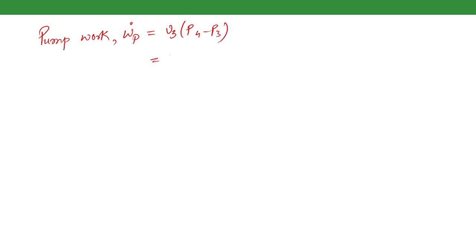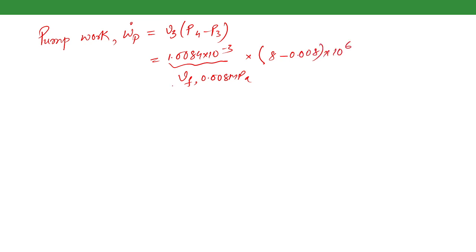So this is 1.0084 into 10 to the power minus 3, the specific volume of the liquid phase corresponding to 0.008 MPa, multiplied by the pressure difference, 8 minus 0.008. This is in megapascal, so 10 to the power 6. So this comes out to be equal to 8.059 kilojoule per kg.